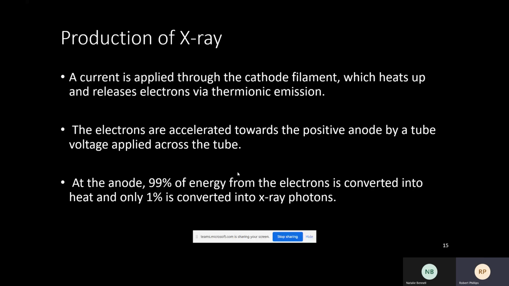So if we increase this current, there will be more electrons available there. And the potential difference is applied between the anode and cathode. So the electrons move from the cathode side towards the anode side. This potential difference is called tube voltage. And the rate of movement of the electrons from cathode side towards anode side is called tube current.